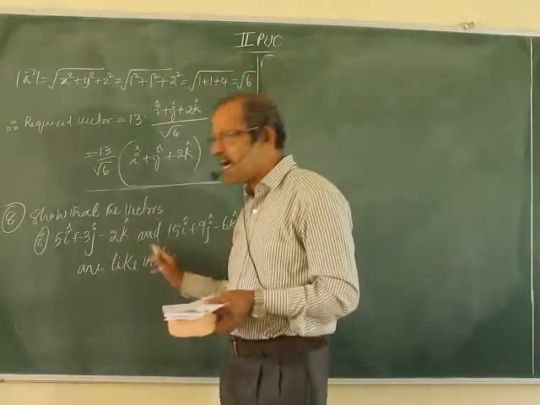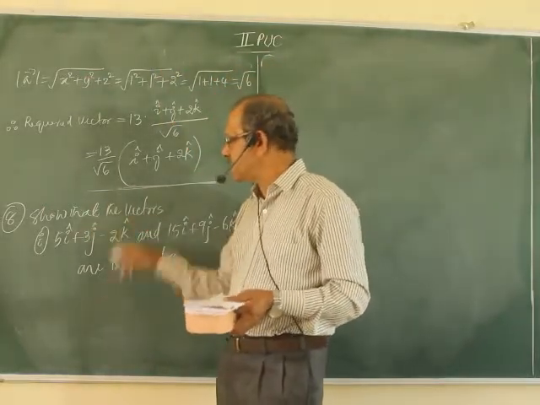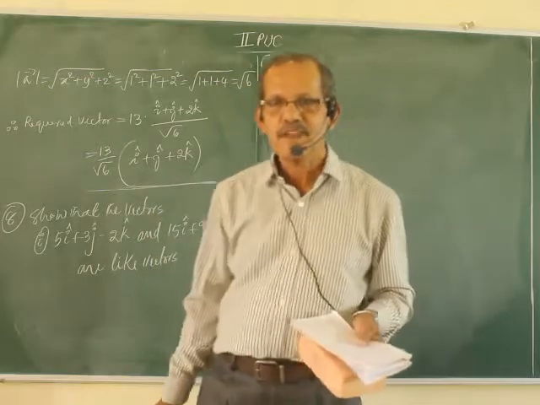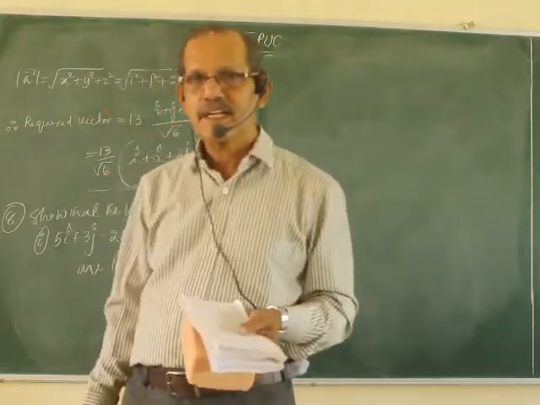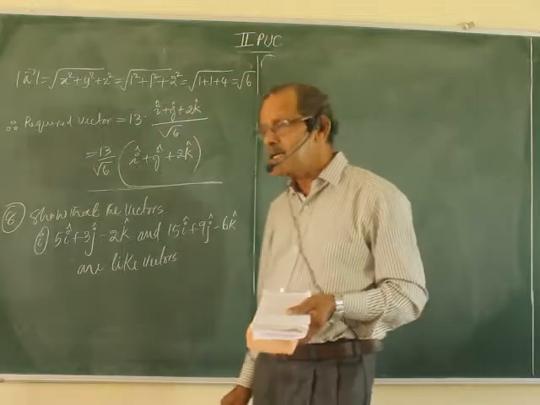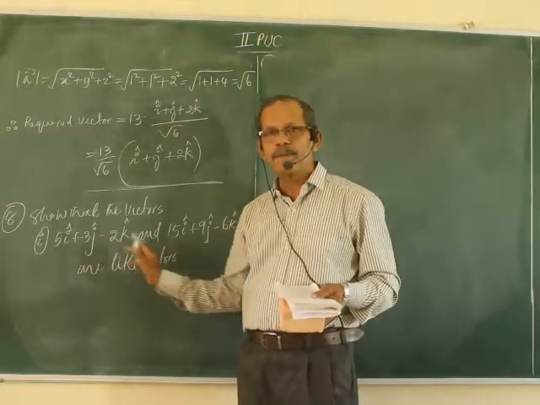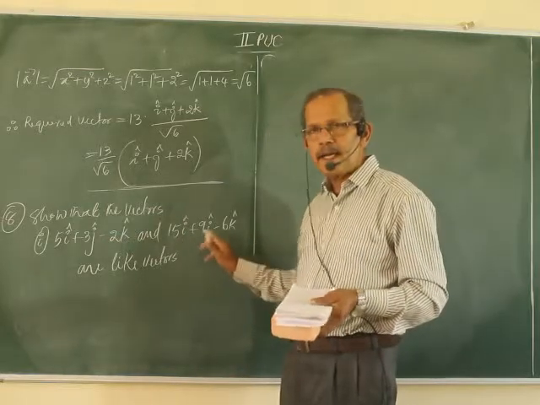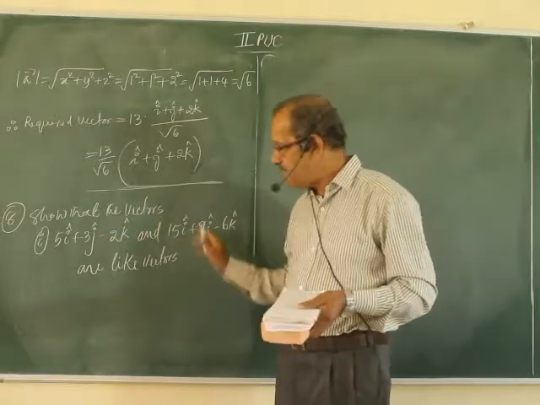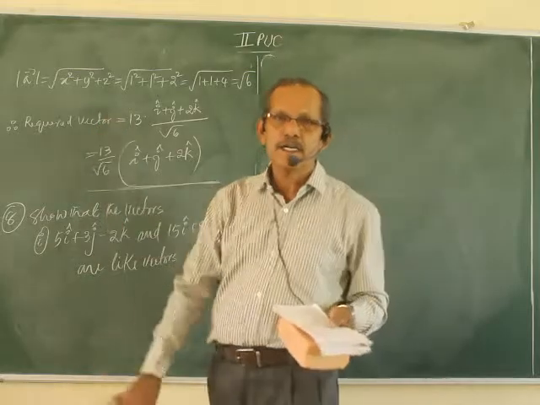If the directions are the same, then we say that the vectors are like vectors. That's all. Clear now? In that case, what you have to do is find the three angles, capital A, capital B, capital C. Here also capital A, capital B, capital C. If they are the same, then you have to write the conclusion.